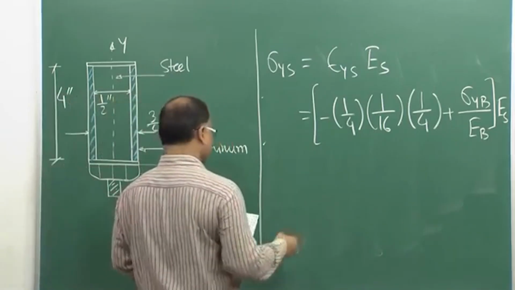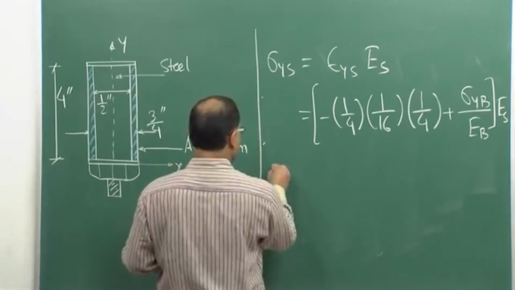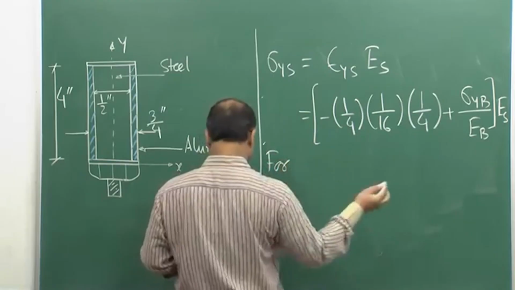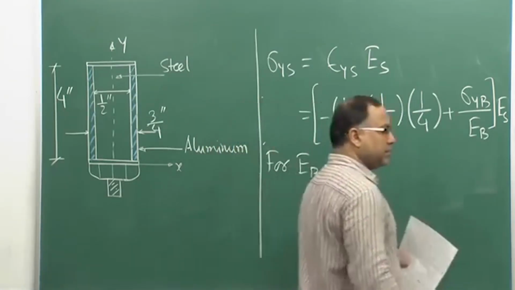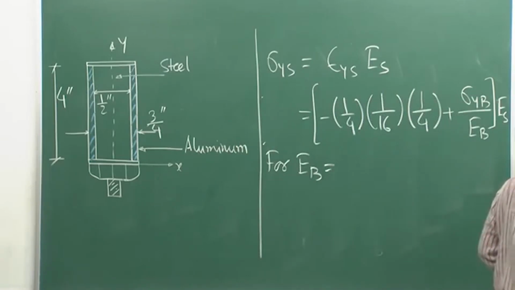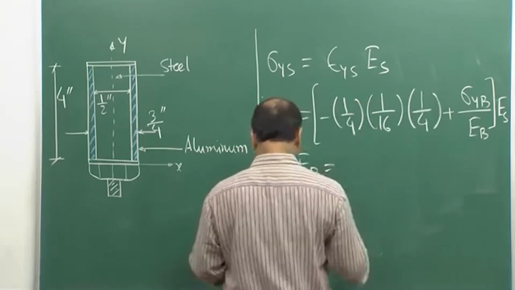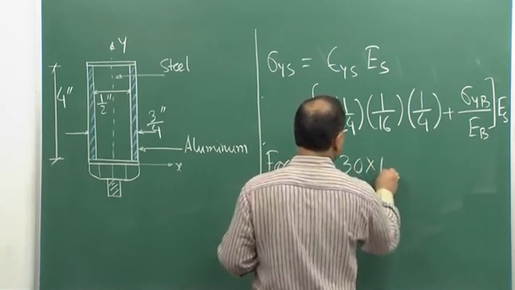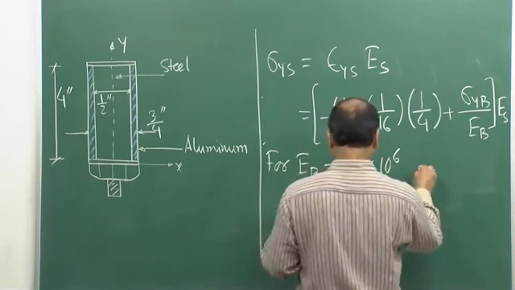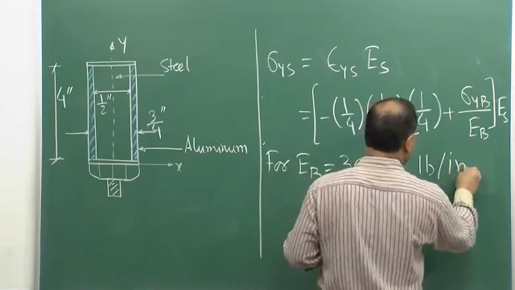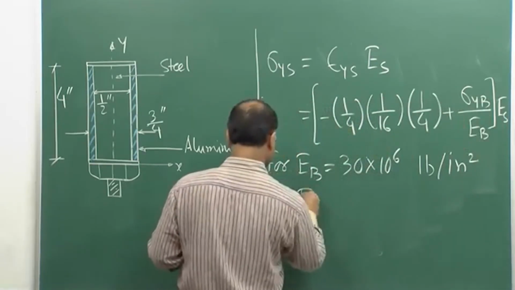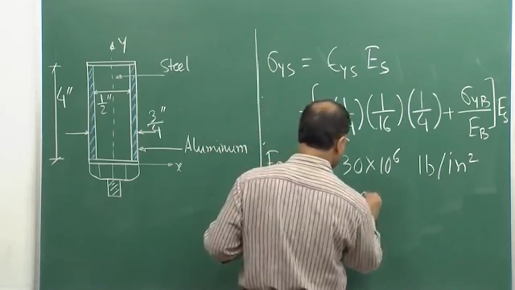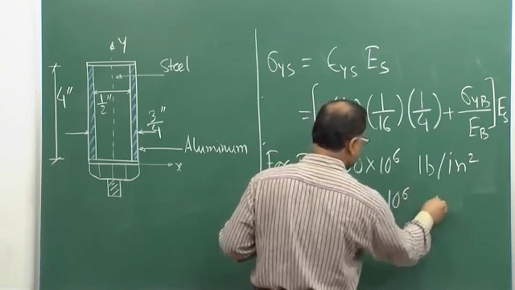Now, as given in the problem, E b for your bolt is 30 into 10 to the power 6 pound per inch square, and E s is 10 into 10 to the power 6 pound per inch square.